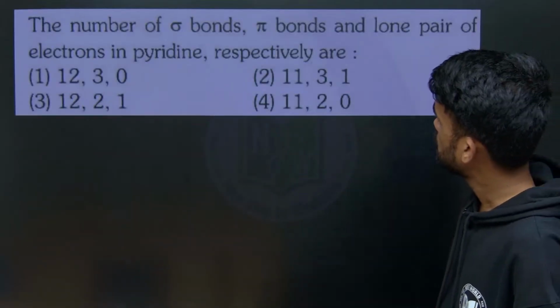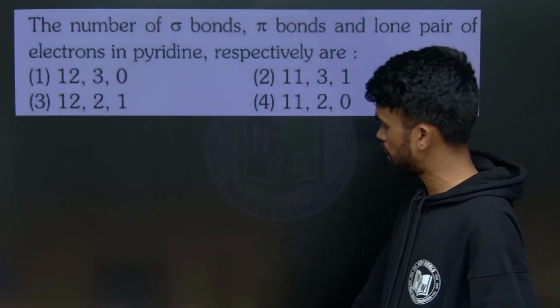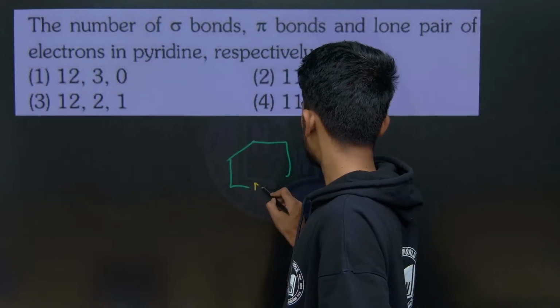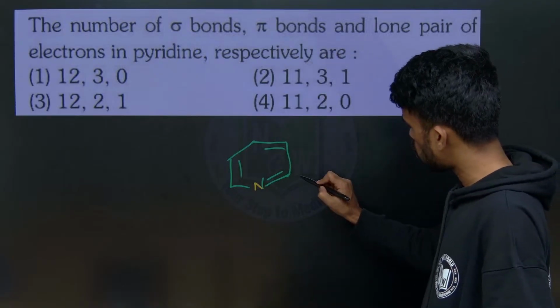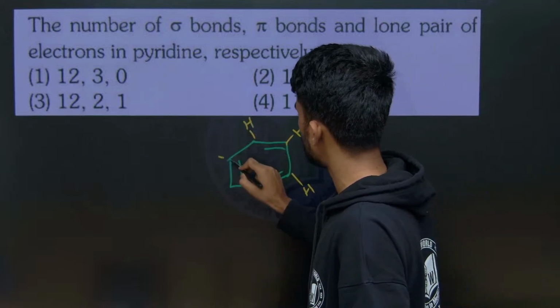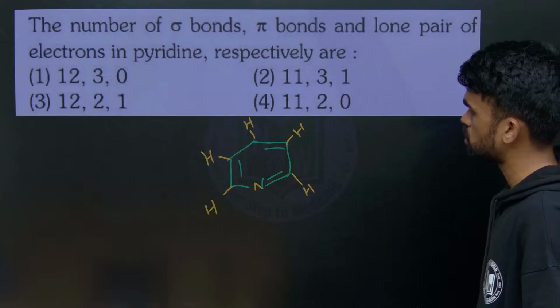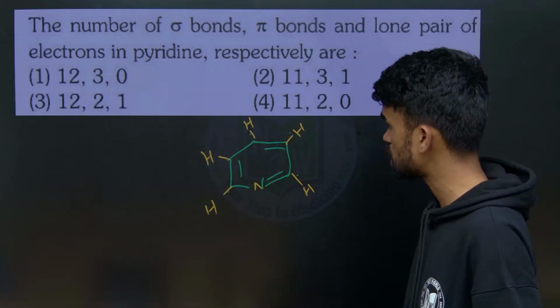Then next, the number of sigma bonds, pi bonds and lone pairs in pyridine. So how can we draw the pyridine structure? Yes, this is the pyridine structure. Now draw it, representing all the hydrogens and all the atoms, which will give us more clarity. Count the number of sigma bonds now. 1, 2, 3, 4, 5 sigma bonds with hydrogens, carbon and hydrogen.